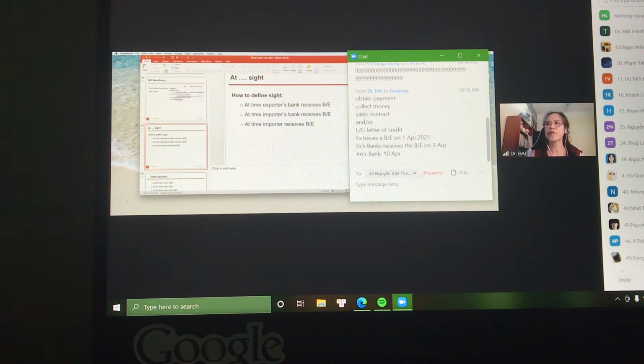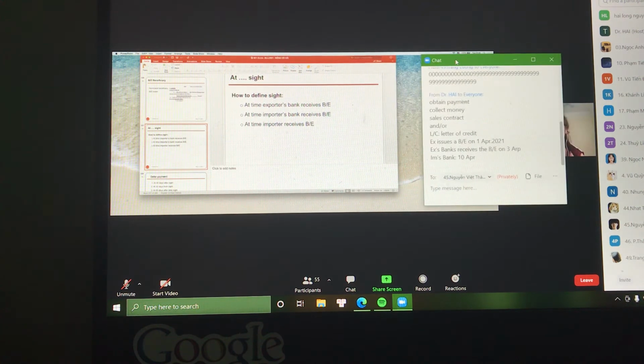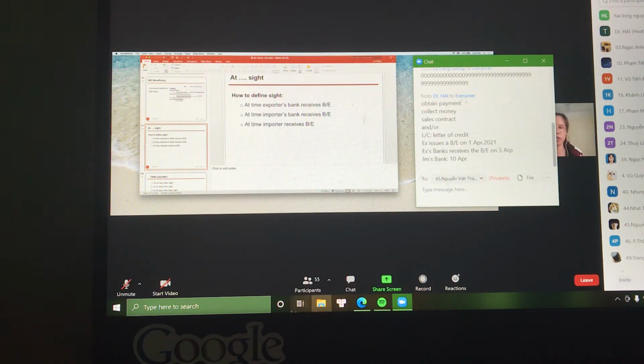Of course, the importer's bank has to transfer the BE to the importer. Okay, so now the importer receives the BE on 11 of April.